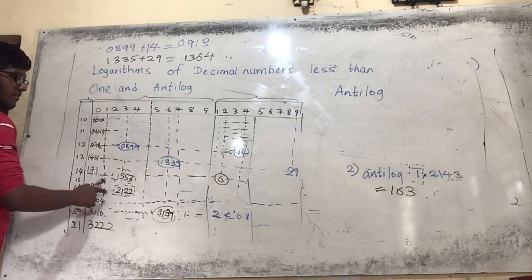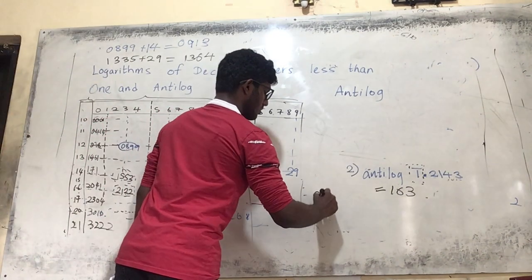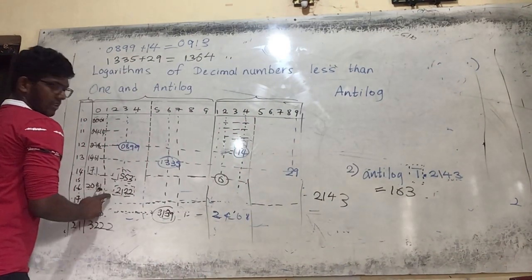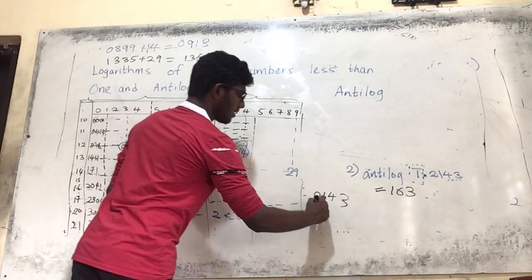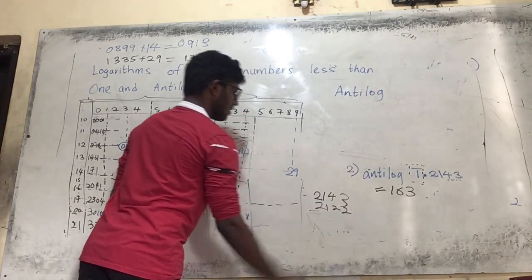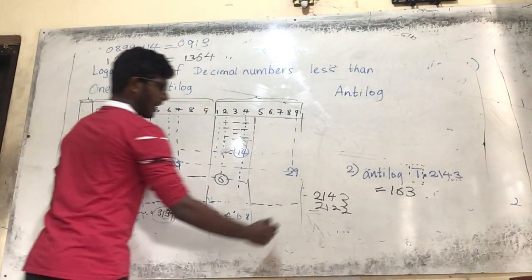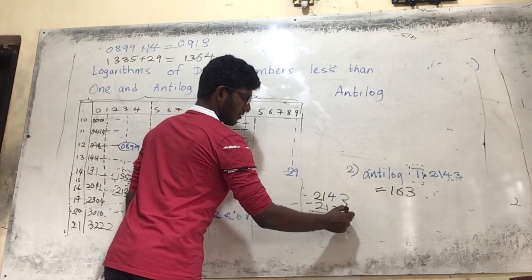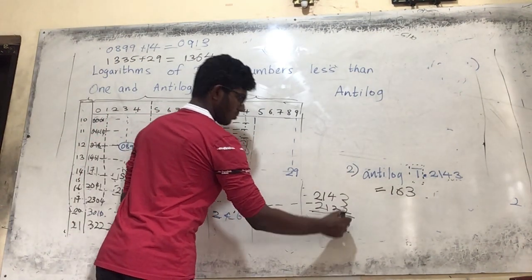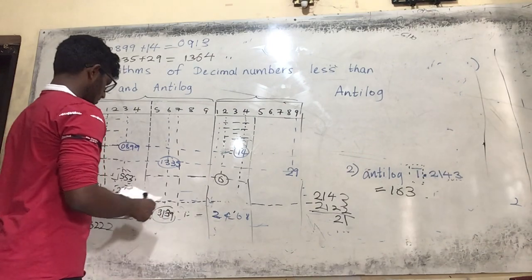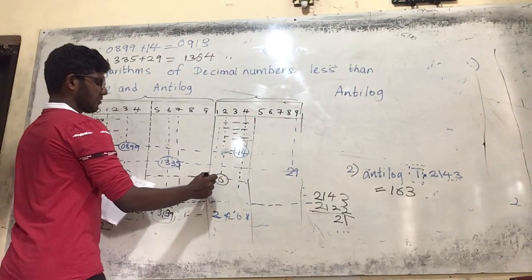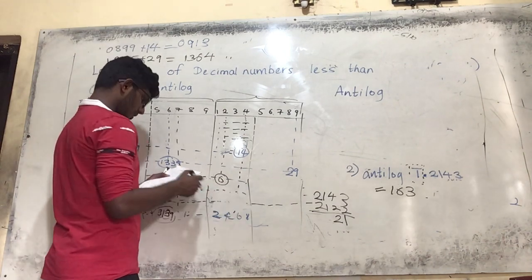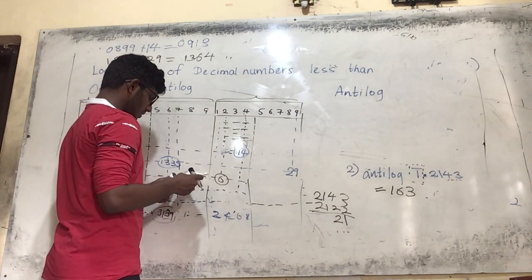Then write 2143 from this one. The value you got from here. Subtract. You get 21. Then from this column you have to find closest to 21, less than 21. Or equal to 21 is also fine.